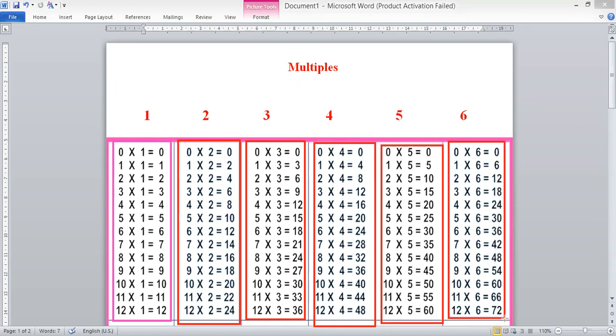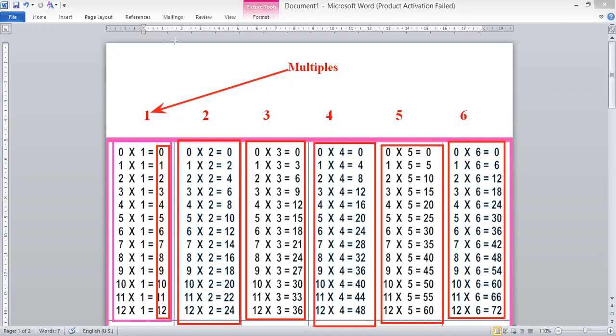In this way, you can write the table of 7, 8, 9. So here, these numbers are the multiples of 1. Multiples of 1 are 0, 1, 2, 3, 4, 5, 6, 7, 8, 9, 10, 11, 12. So we can say every number is the multiple of itself.